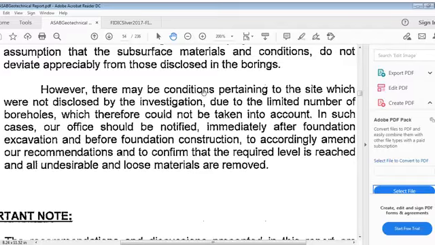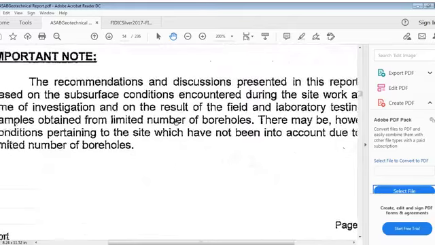However, there may be conditions pertaining to this site which were not disclosed by the investigation due to the limited number of boreholes, and which therefore could not be taken into account. In such cases, our office should be notified immediately after foundation excavation and before foundation construction, to accordingly amend our recommendations. We shall do that and confirm. Important note.